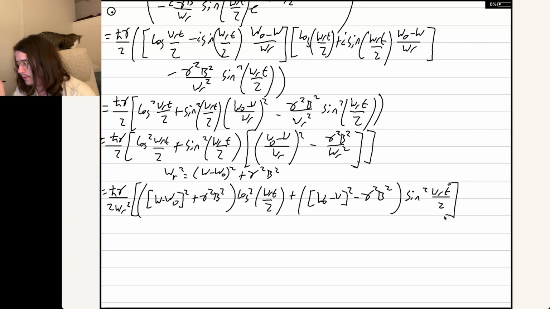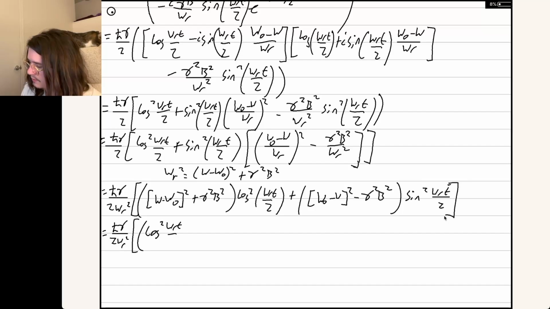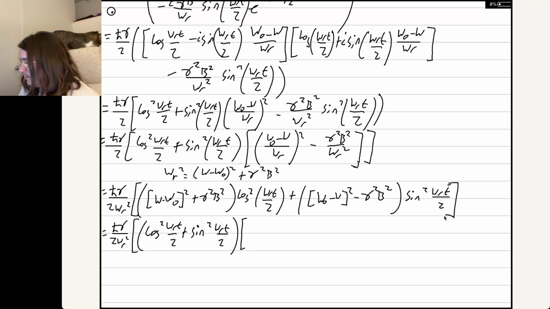We have pretty much some trig identities to work through now, because we have cosine squared and sine squared additively multiplied by the same thing, and cosine squared and sine squared subtractively multiplied by the same thing. So we can group them together, cosine squared omega_r t over 2 plus sine squared omega_r t over 2, both being multiplied by omega minus omega naught squared.